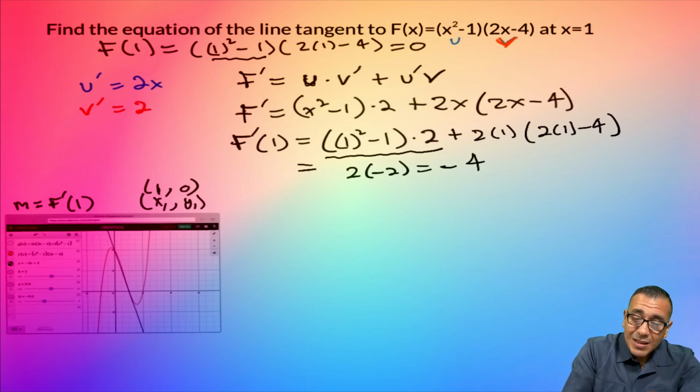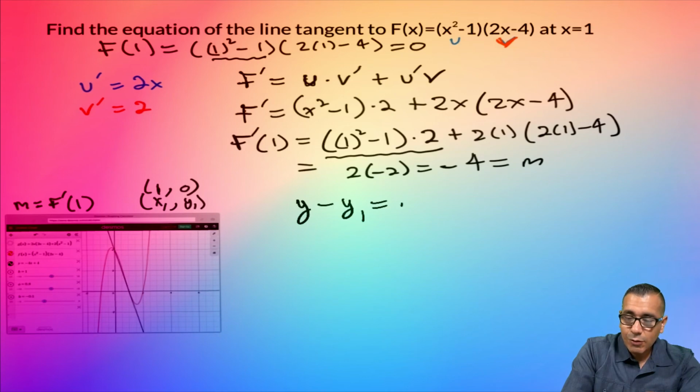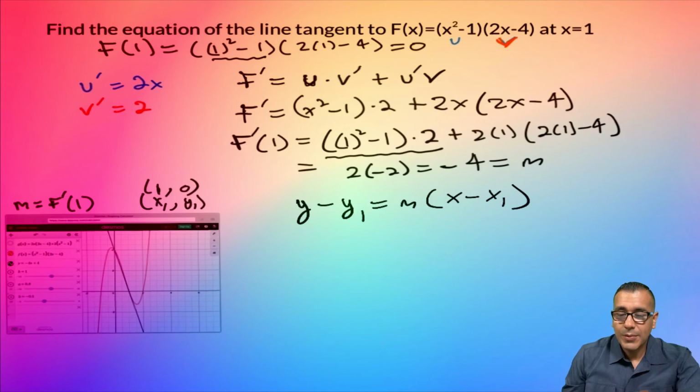So this negative 4 represents my slope of that tangent line that I showed you earlier, at that point 1 comma 0. So now I have my slope and I have a point. So let's go ahead and plug it in. There's quite a few formulas we could use. Let's just stick with Old Faithful, Old Reliable. So there's our point slope formula, because now we have a point and we have the slope.